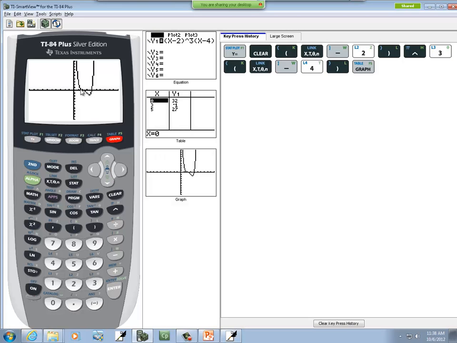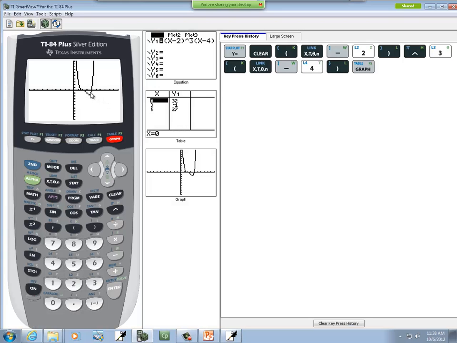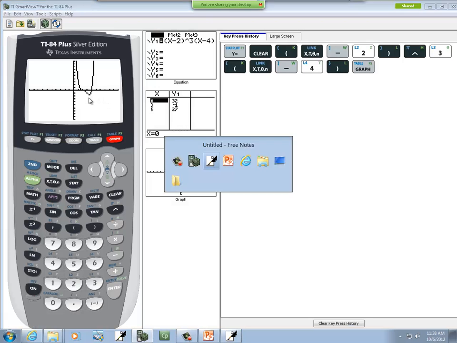POI is 2, 0. 2, I can kind of see that. This looks like it's concave up here, then changes to concave down, and then 3, negative 1. 3, negative 1, yeah, I can see that too.